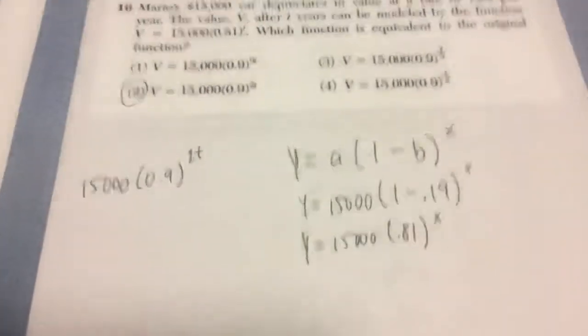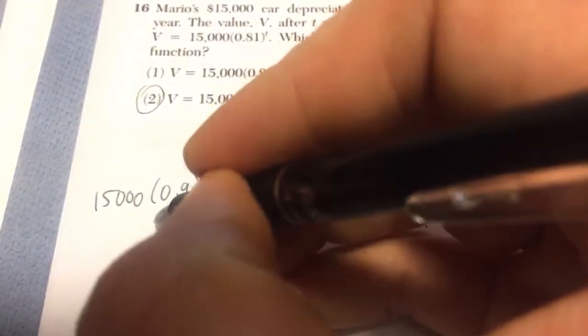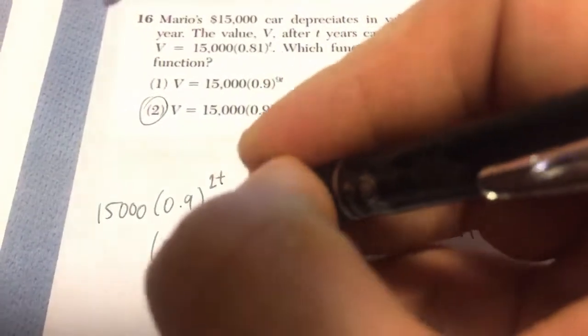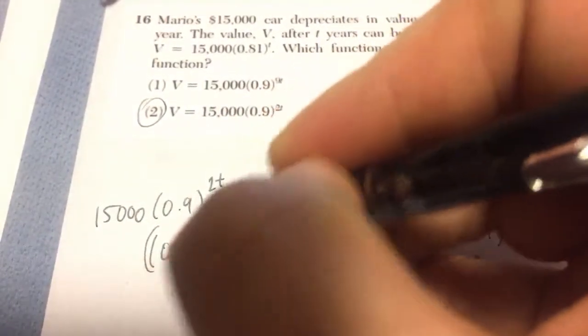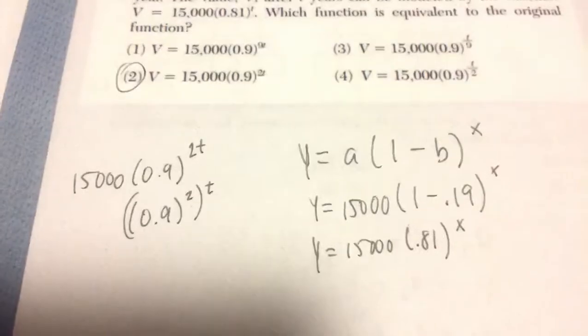The reason why number 2 is equivalent is because I can rewrite this as 0.9 squared and then to the t. I can do this because one of our rules says that when you're raising a number to an exponent, you multiply these together.